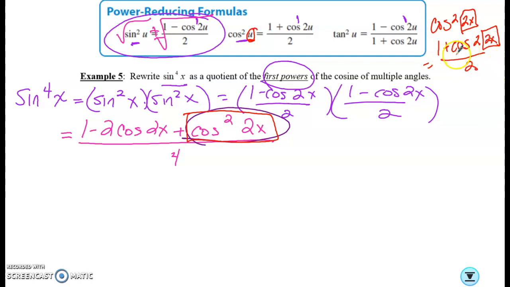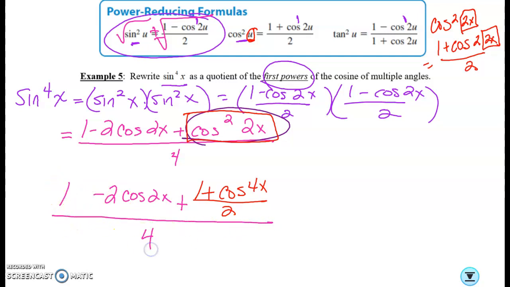So we're going to put in here 1 plus the cosine of 4x divided by 2. And then the rest of this is still there for us. So plus, we got the cosine of 2x and 1 minus that, and this is all still divided by 4.